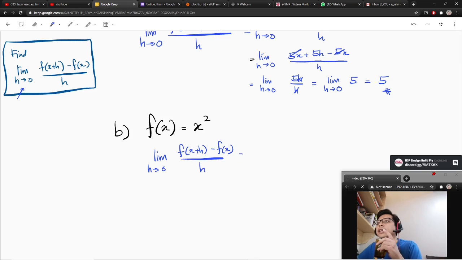Now let's find f(x + h). Remember, whatever you put in here, you put in here also. So f(x + h) is, according to this function mapping, (x + h) squared, minus x squared, divided by h.